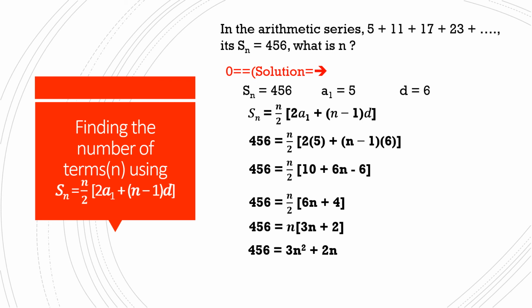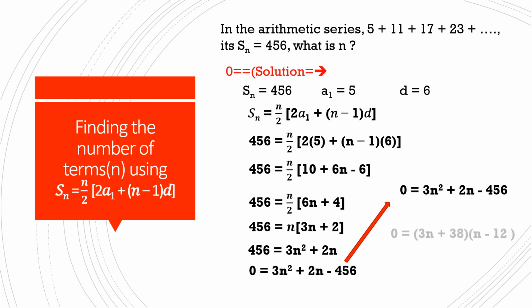And then using the additive inverse, or simply moving 456 to the other side to equate this to 0 so that we can solve for the value of n, the expression will be 3n squared plus 2n minus 456. From this expression, we are going to factor it out. If we factor it out, you have 3n plus 38 times n minus 12.